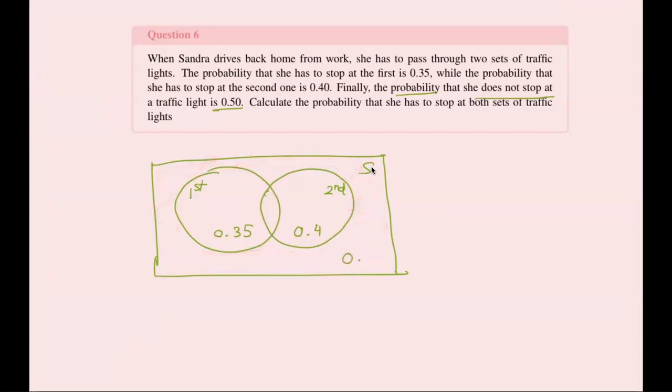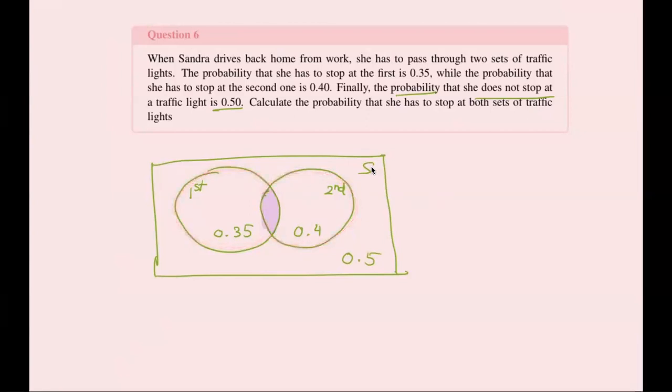And it is 0.5. We want to know the probability that she has to stop at both of the traffic lights, which means we are interested in this one, right? And how do I find this area? What I can do is take this circle, add this circle, and then subtract this area.